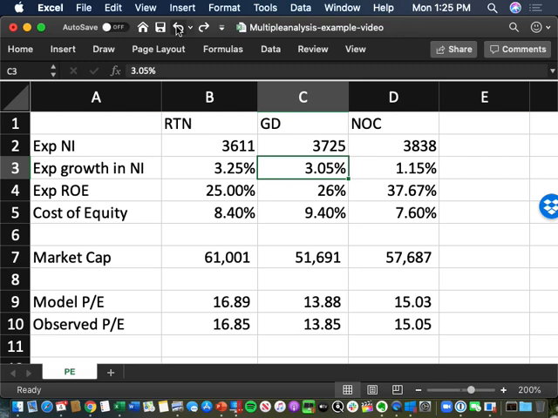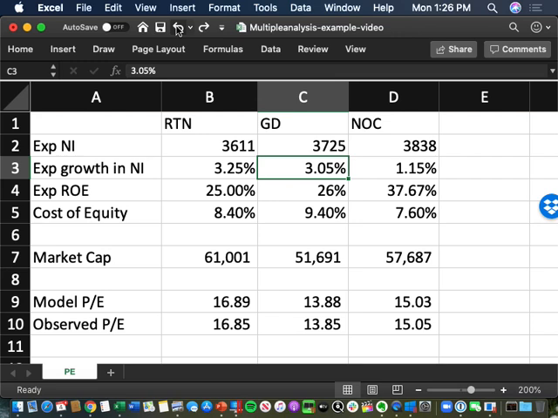Because their cost of equity is a percentage point lower, at 8.4% versus 9.4%. Correct. I would assume it's easier for them to bring their ROE than it would be to drop their cost of equity. So you guys are finance professionals. You understand the concept of discounting, which is what he basically just said.